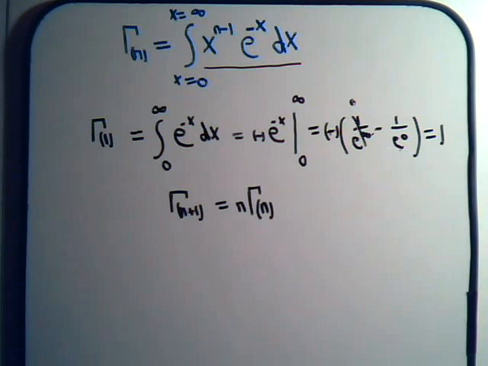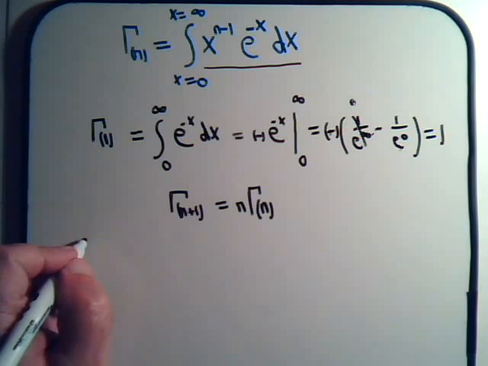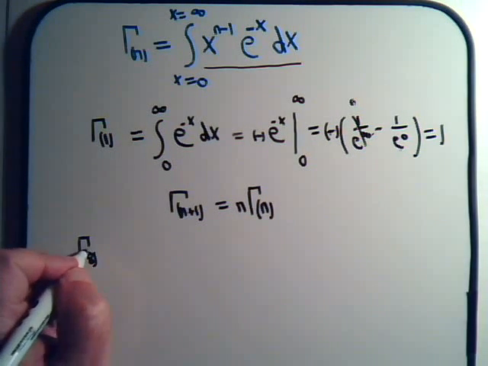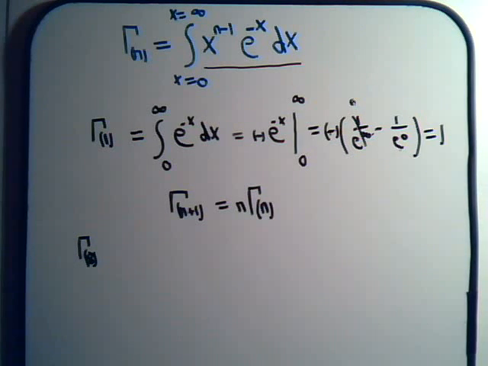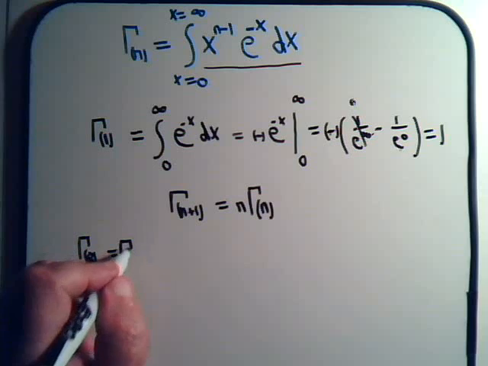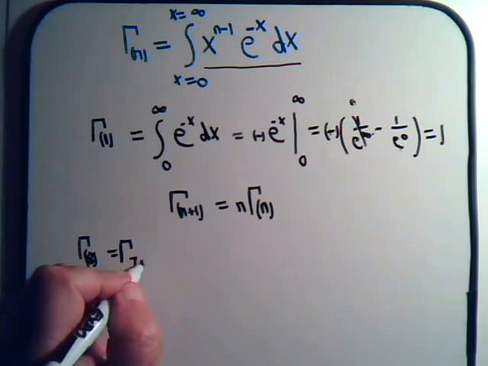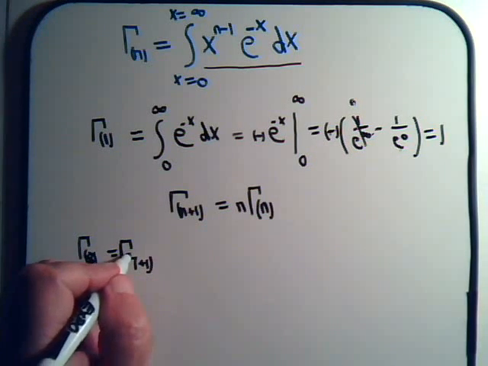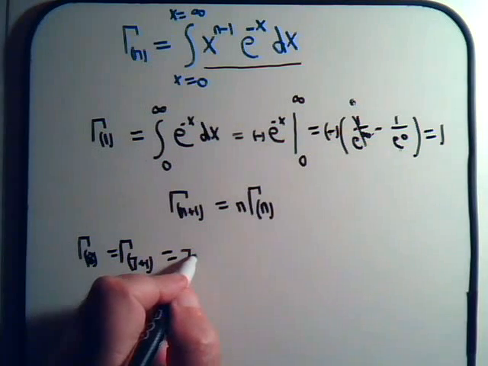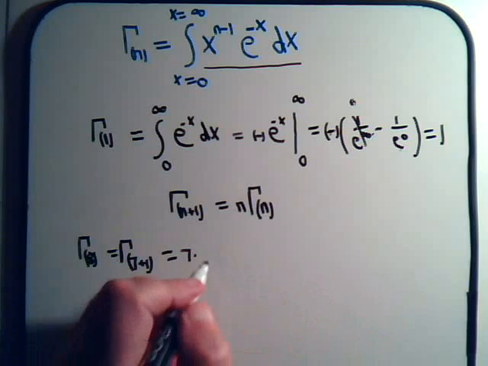So let's say that we want to define the gamma function of 8. Well, that's the gamma function of 7 plus 1, and that would equal then 7 times the gamma function of 7.